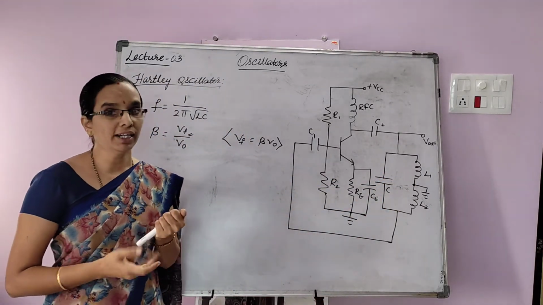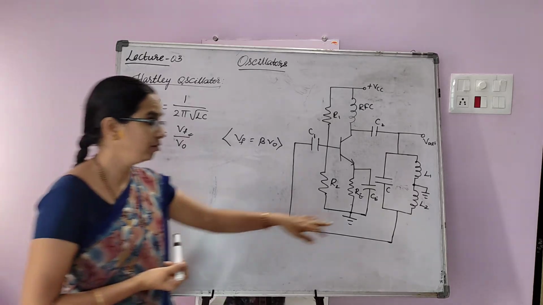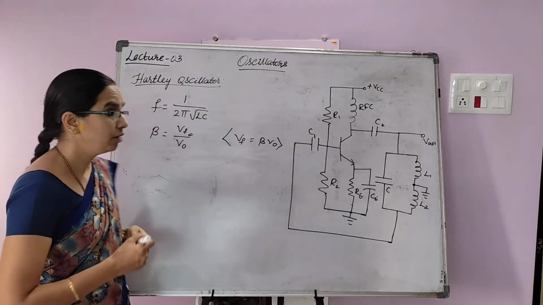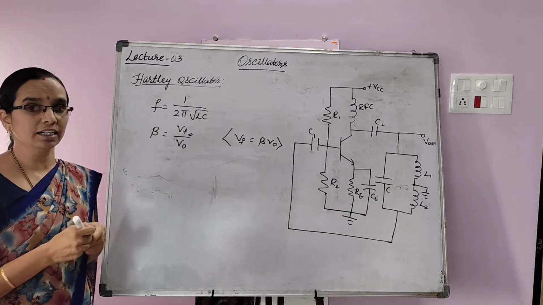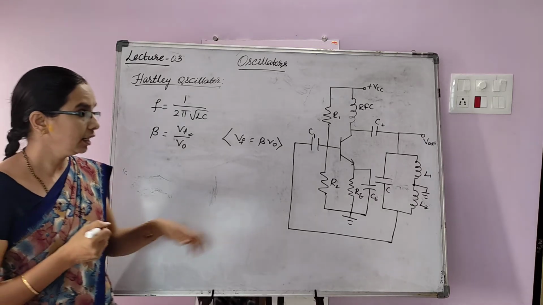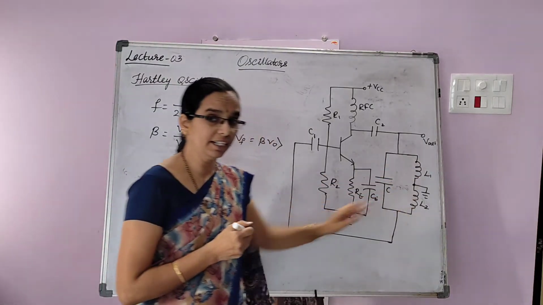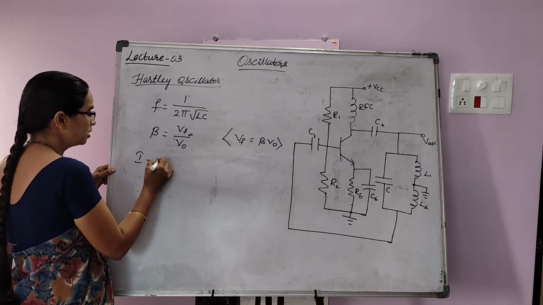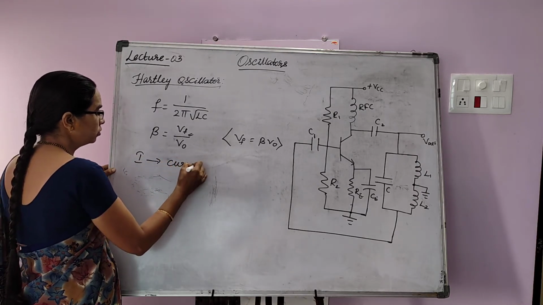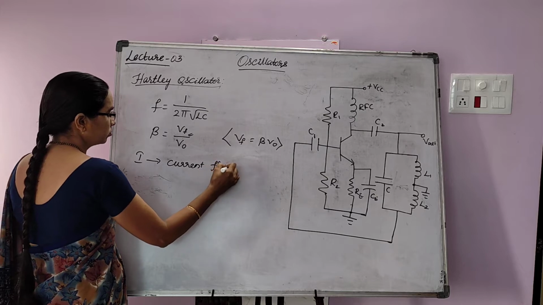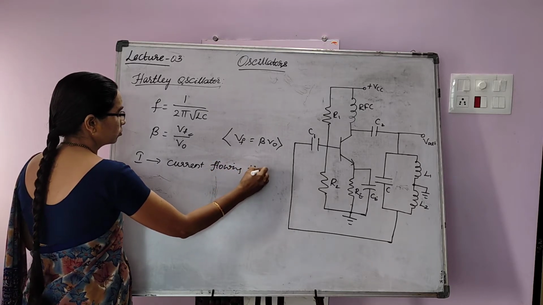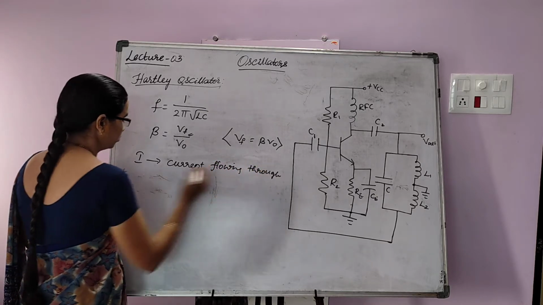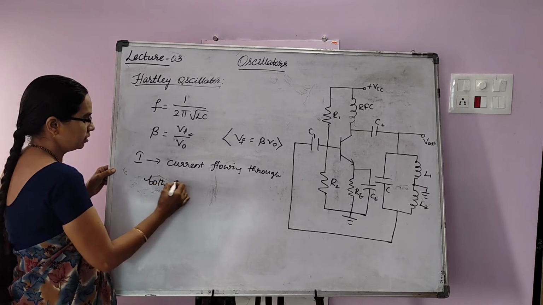Voltage V is equal to I into R, again Ohm's law. Here we are using inductors, so we have to take inductive reactance into account. The same current I flows through both the inductors.